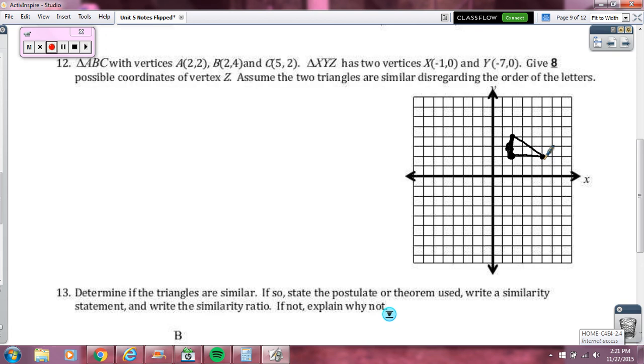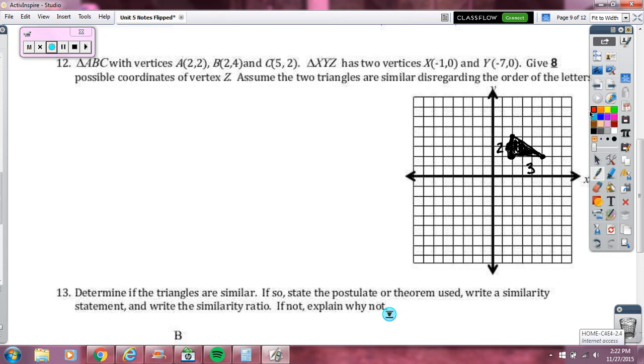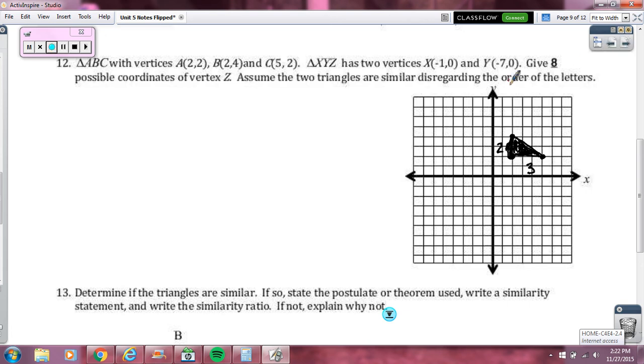So I'm going to make triangle ABC that dark one right there. So we've got a length of 2, a length of 3, and then this guy, which would end up being something decimally.